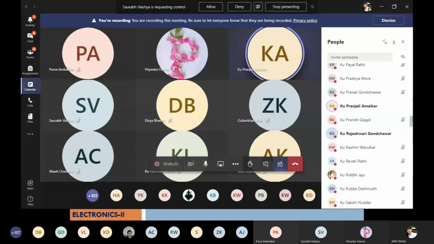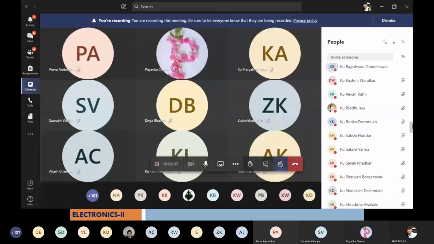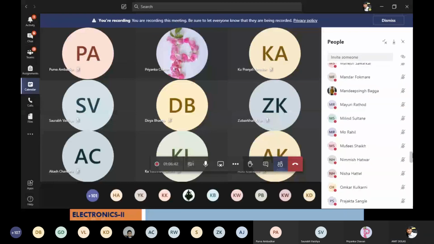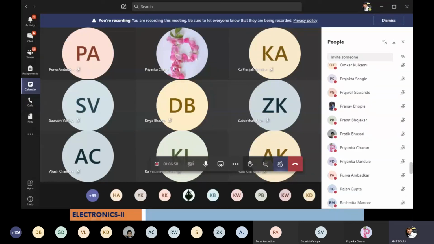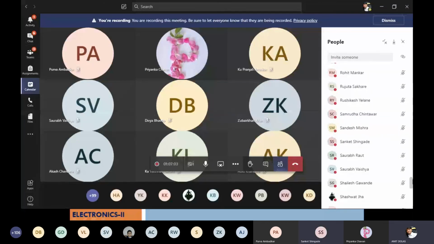Mandeep Singh. Are you there? Sanket Singhadi. Sanket, are you there? Yes, sir. Getting everything? Yes, sir. Have you noted it down? Yes, sir. Okay, mute yourself.